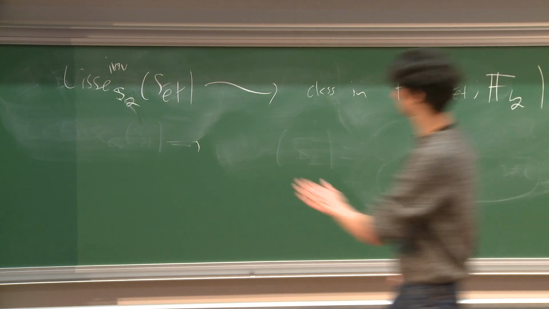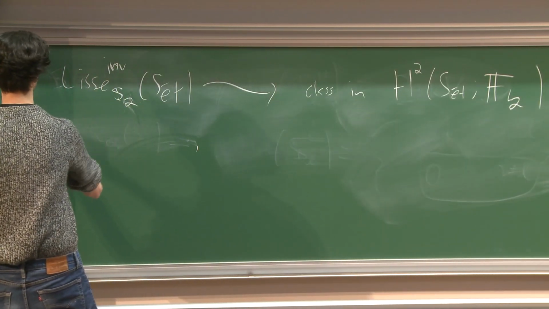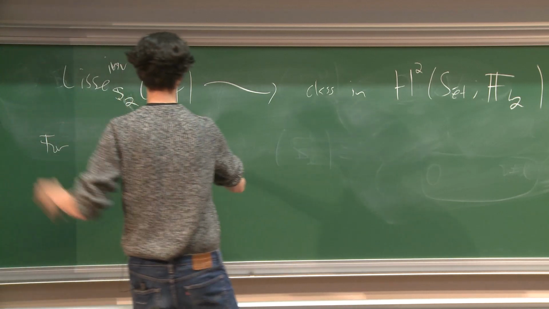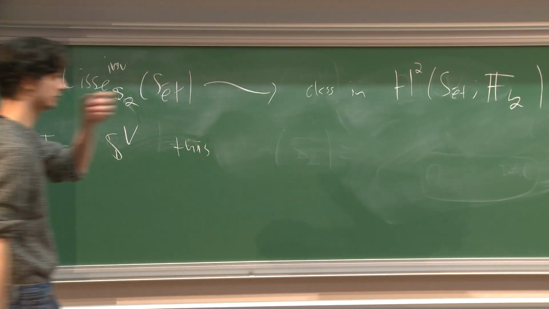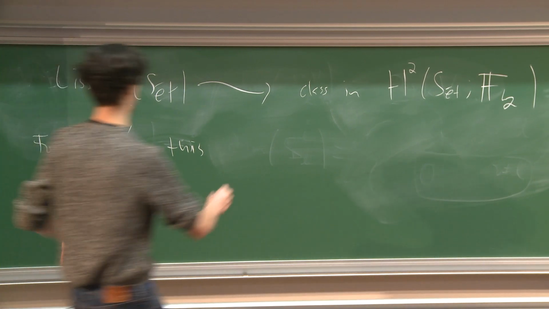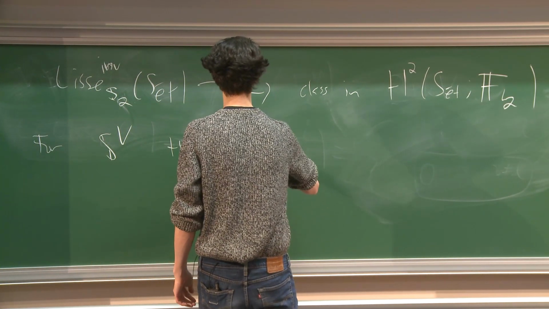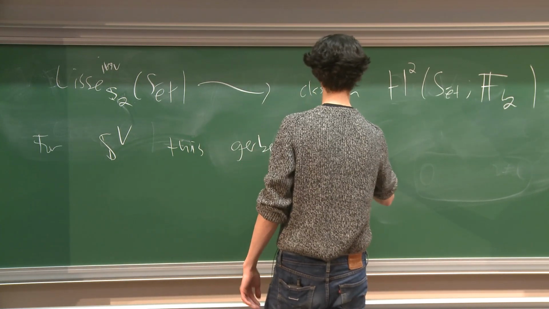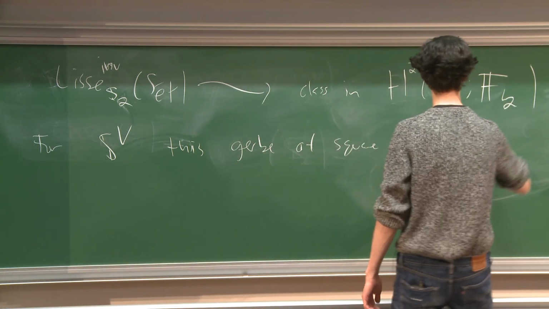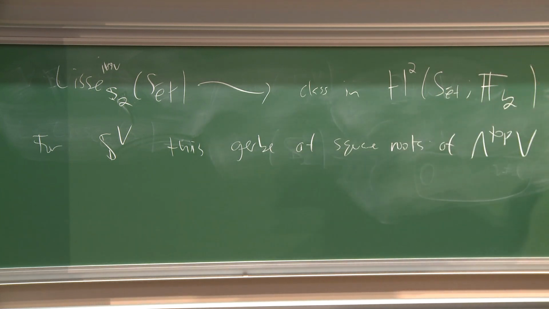For the sphere on a vector bundle, it's the mod 2 reduction of the first étale Chern class, but this is just the gerbe of square roots of the top exterior power of the vector bundle. So if V is a line bundle, it is the gerbe of square roots of the line bundle.